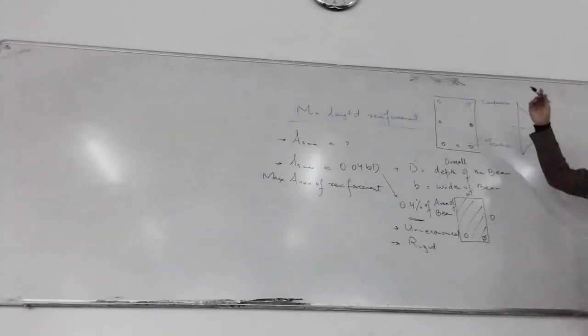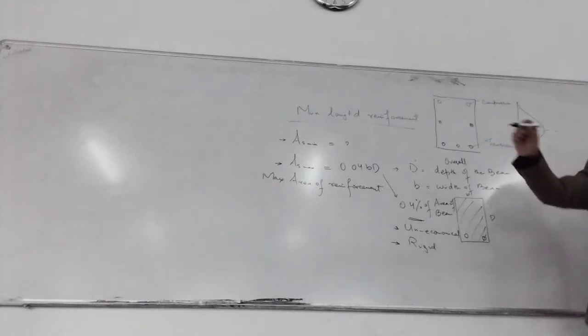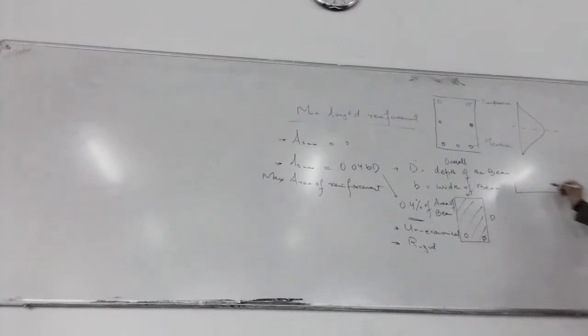The shear forces always act perpendicularly and they travel towards the supports. If this is a beam, the shear forces would travel like this. The maximum amount of forces is transferred through the center of the section. So the shear, which is actually the shearing between two planes in the beam, is maximum at the center of the section.